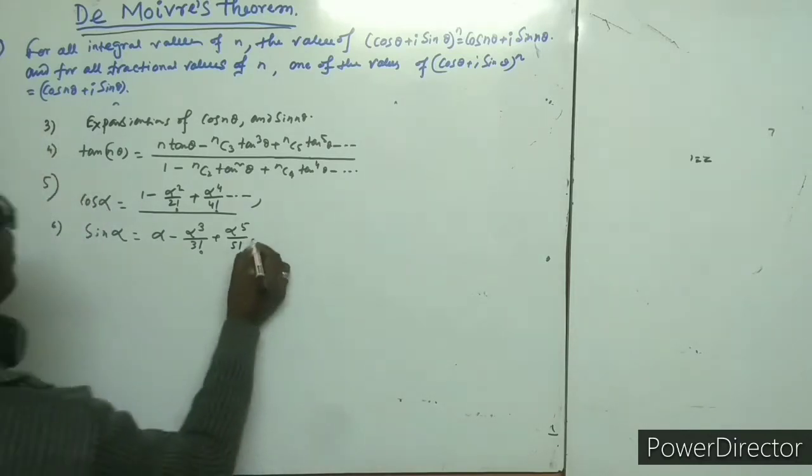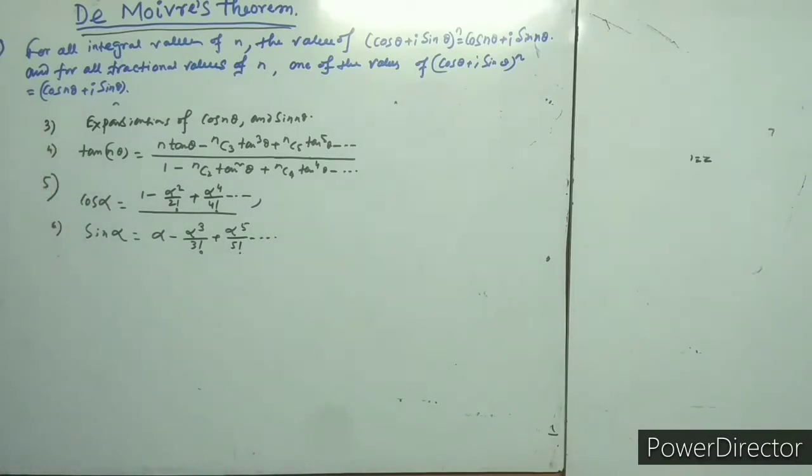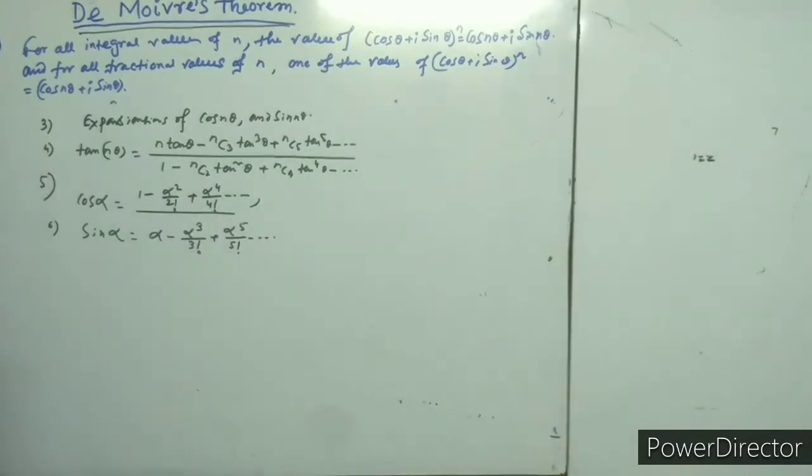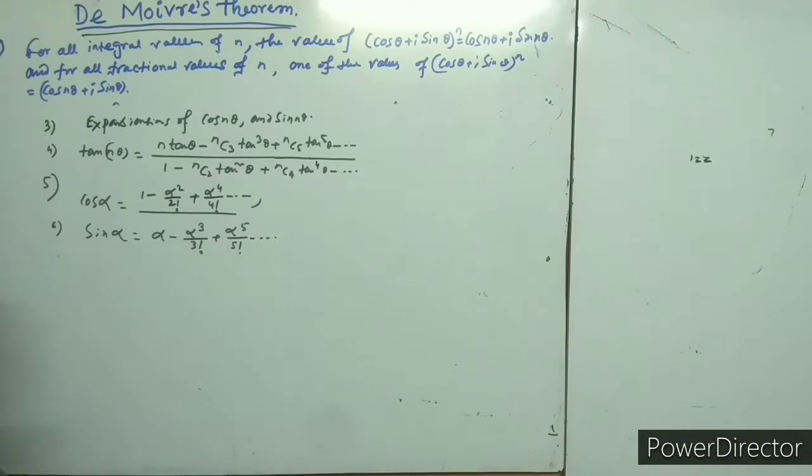Okay, for this we expand the formula of cos n theta and sin n theta. Just here the 6 points.